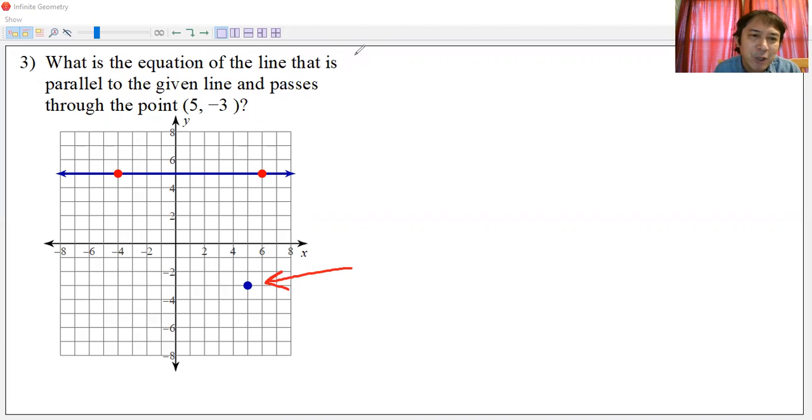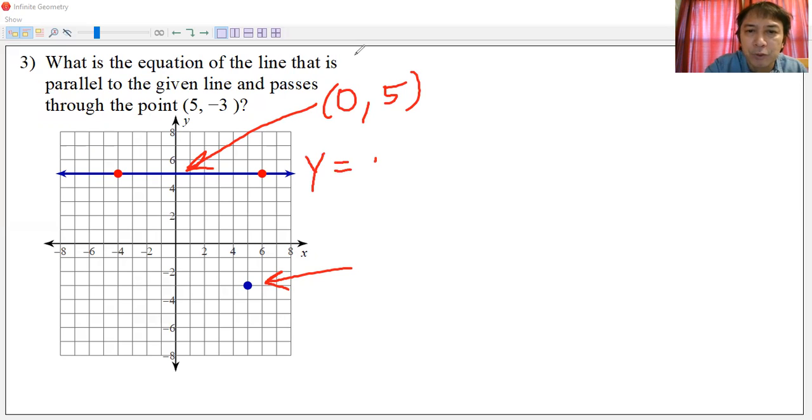The y-intercept here is at (0, 5), right here. And so this blue line is y equal to 5.